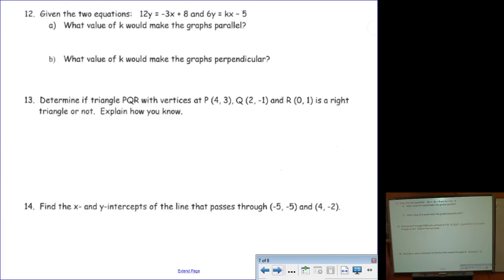Number 12. This is a tricky one. I am given two equations, and I want to know what value of k would make the lines parallel. So what value of k would make them have the same slope? Let's put them both in slope-intercept form first to see what their slopes are. This equation, it would be in slope-intercept form if I divided everything by 12.